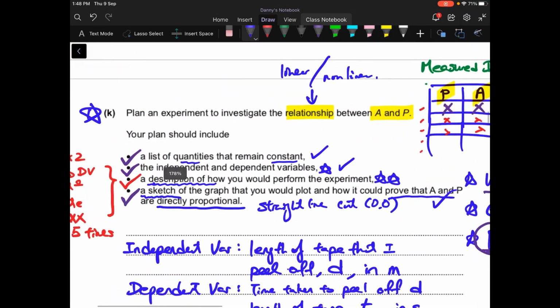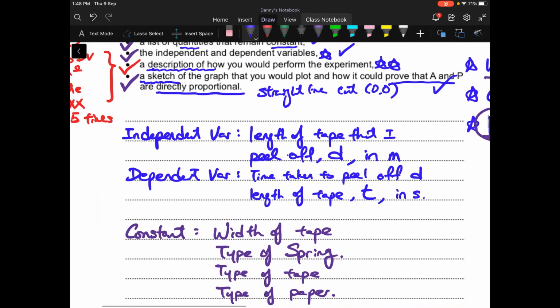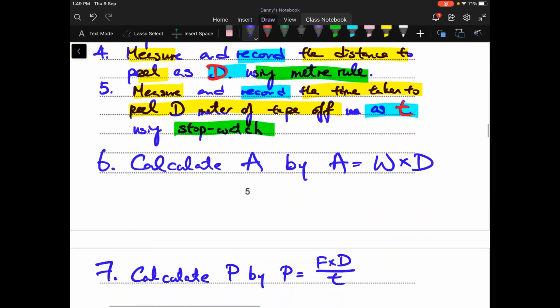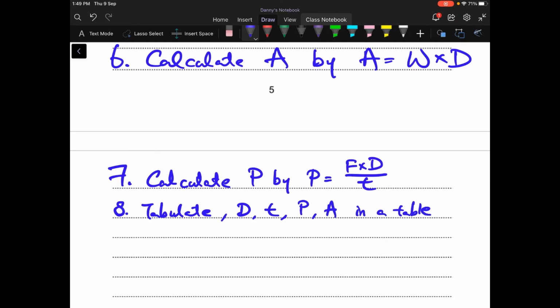Then since these bullet points, right, didn't ask me to come up with a new step to improve the accuracy, I'm not going to find trouble for myself. So in this case, after 6 and 7, it will be to tabulate it. So then I will say tabulate your D, your T, your P, and A in a table.